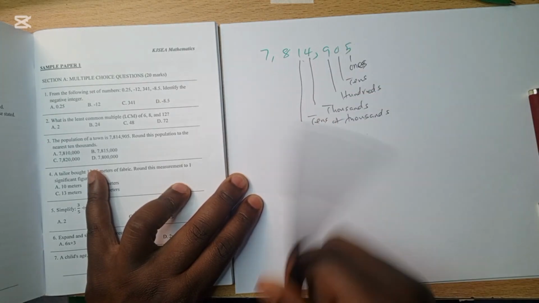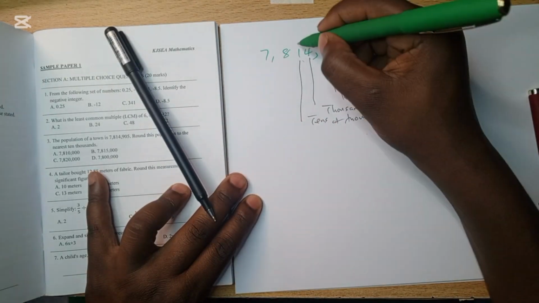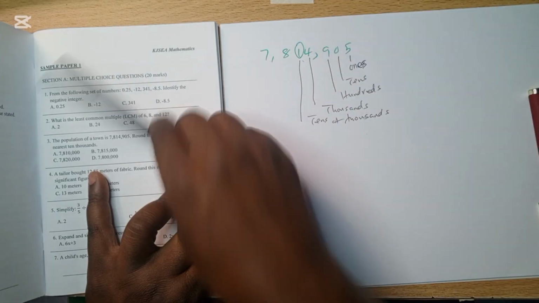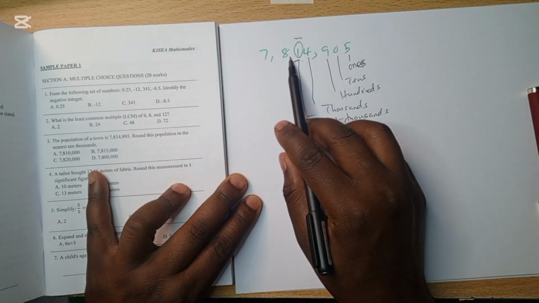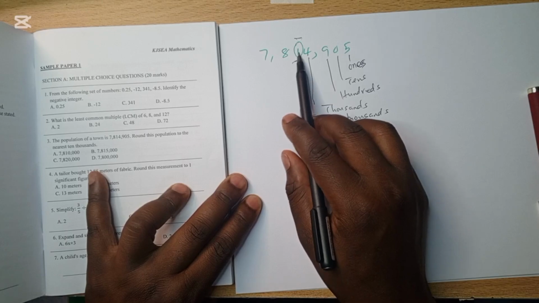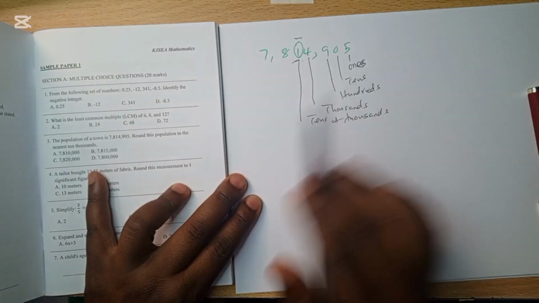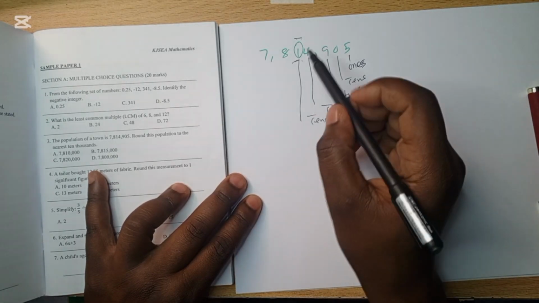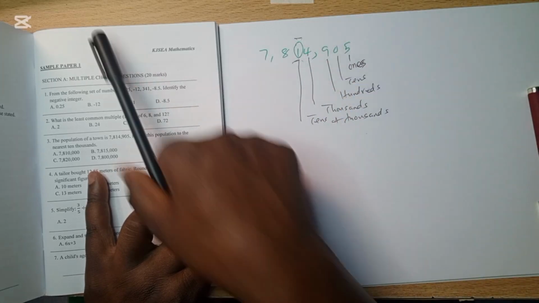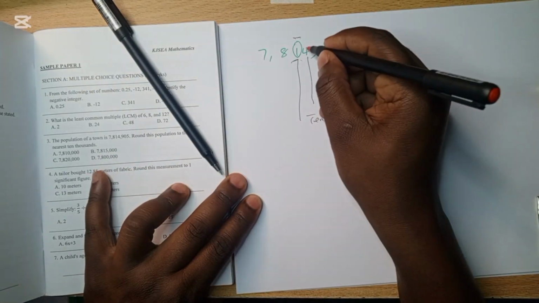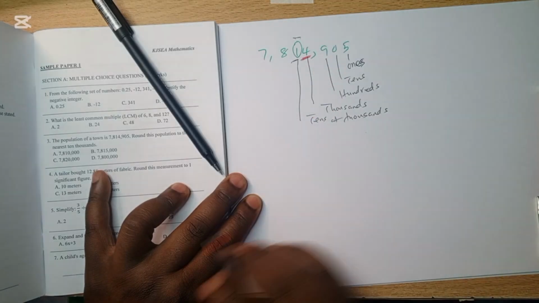So you are being asked to round this off to the next. So this is what we want to move to either 2 or remain 1. So we want to change this. To change the tens of thousands, you usually look at the number before that. So we are going to look at 4.